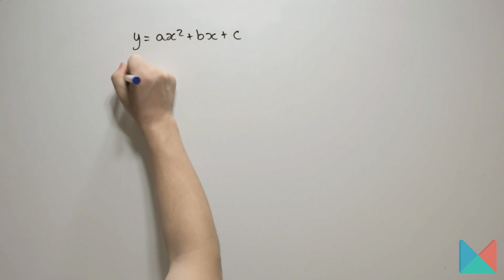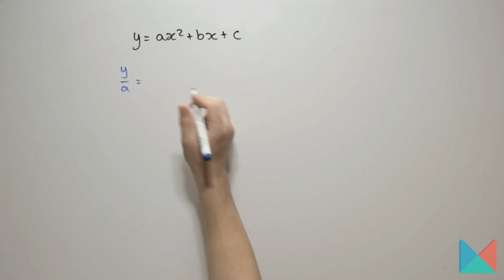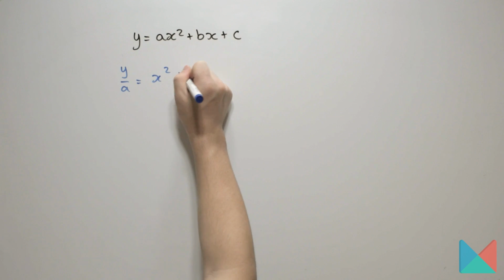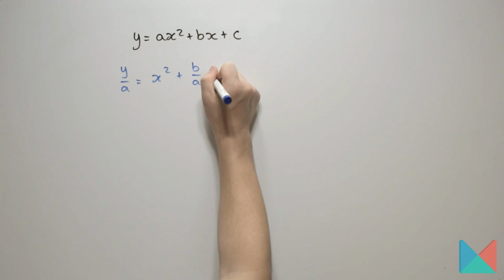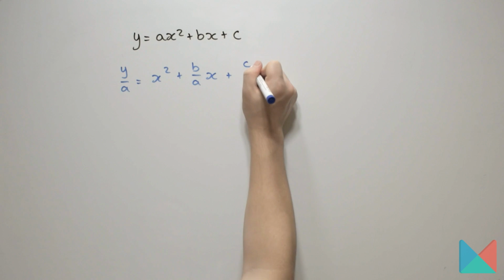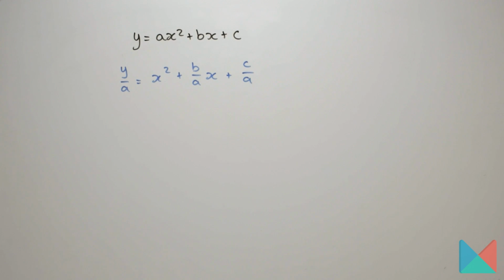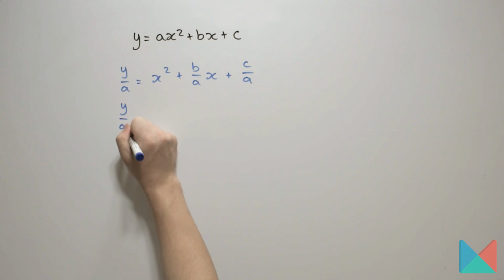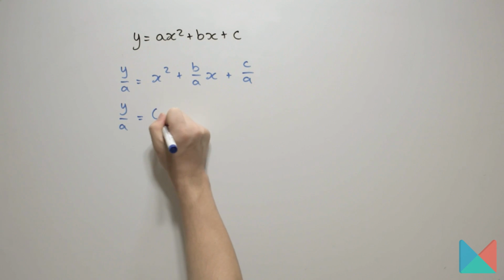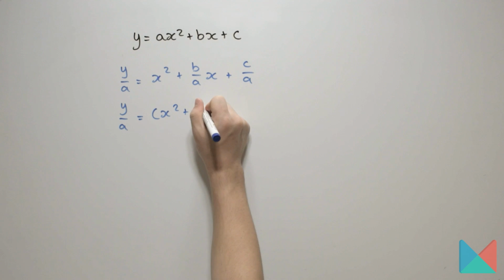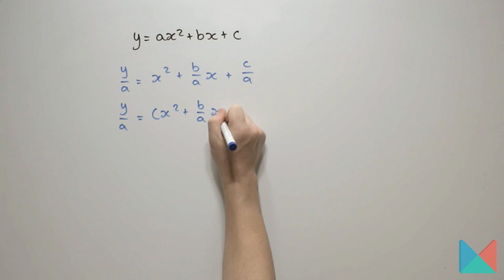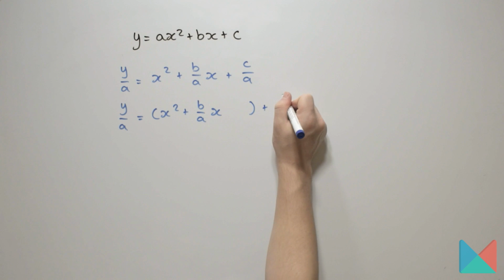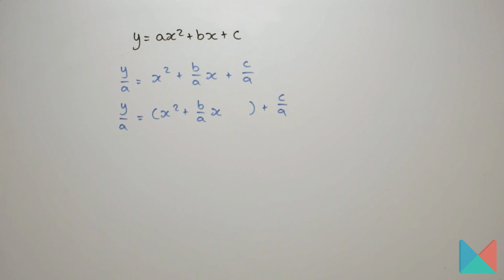So we get y over a on the left-hand side, and we get x squared plus b over a x plus c over a. And we're going to write our following template that we're familiar with from the previous two examples, and we get y over a equals x squared plus b over a x, and leave a space, and then write the rest of our equation.